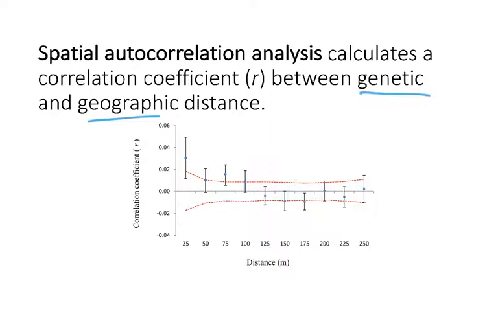So we calculate this correlation coefficient between genetic and geographic distance. And then in these types of spatial autocorrelation analyses, we plot that correlation coefficient on the y-axis against, on the x-axis, the distance of these different populations in relation to each other.